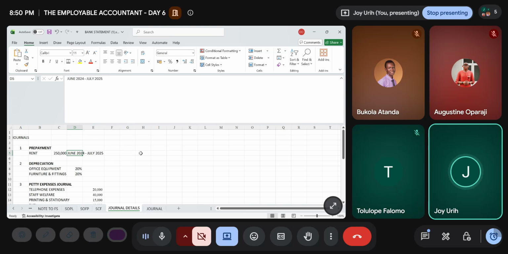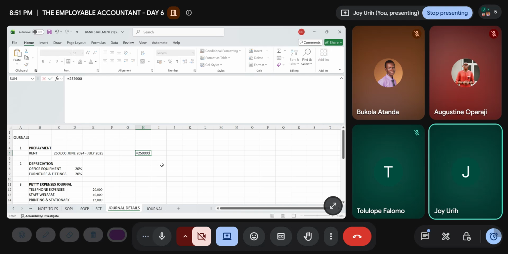So what we are going to be doing here is to calculate how many months is applicable to 2024 and how many months is applicable to 2025. So the first thing is we want to get the monthly rate for this rent, which is the total amount 250,000 divided by 12, right? So this is the monthly rate for the rent.